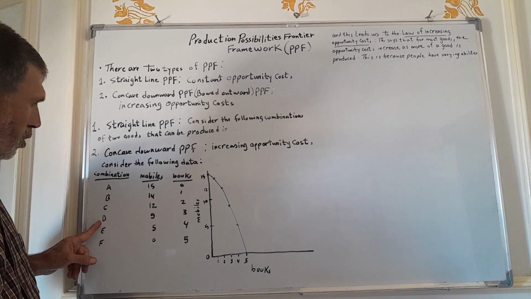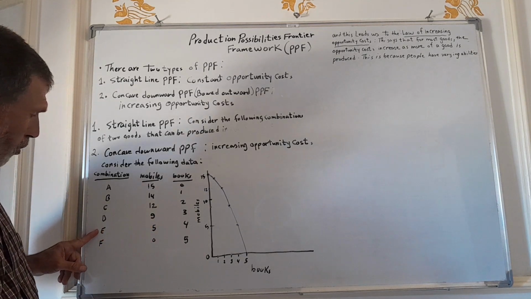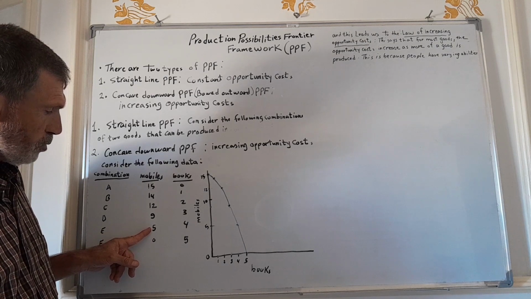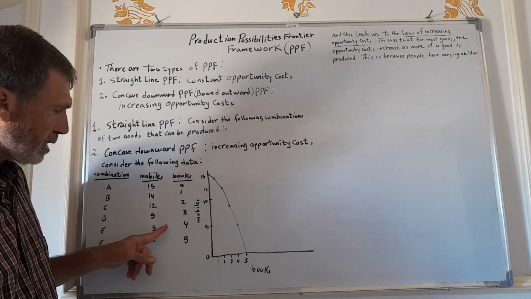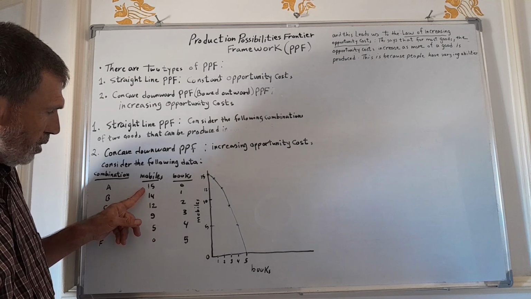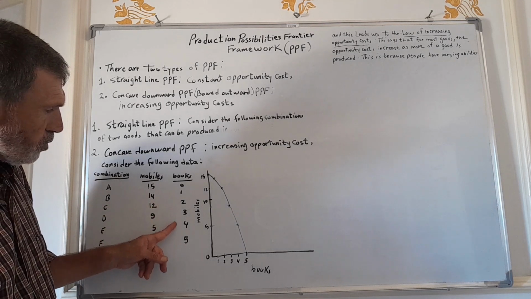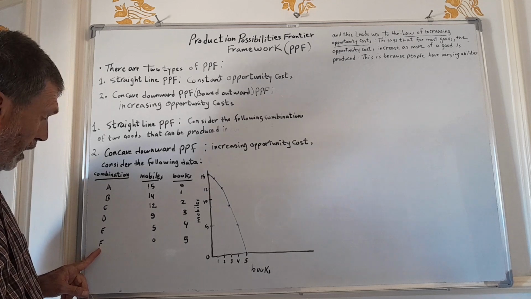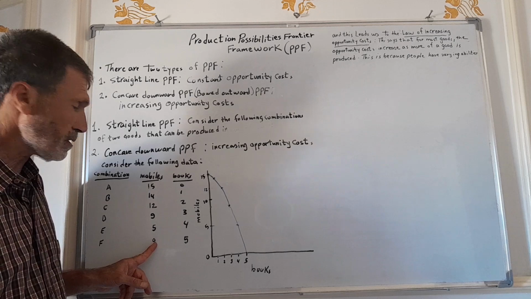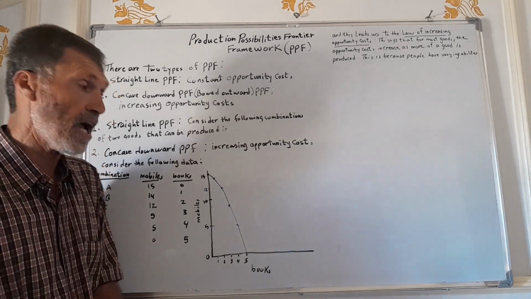At combination D, 9 mobiles and 3 books. Now, if we move to combination E, the company is producing 5 mobiles and 4 books. So as you can see, the production of mobiles is decreasing, while the production of books is increasing. At combination F, the company produces nothing of mobiles and the highest number of books, 5 books.